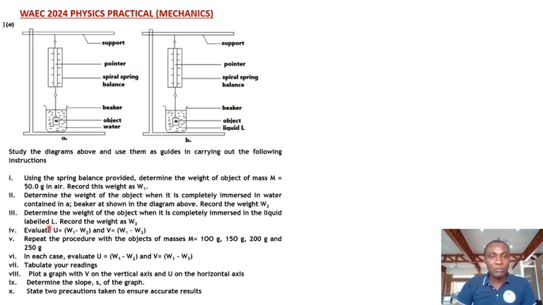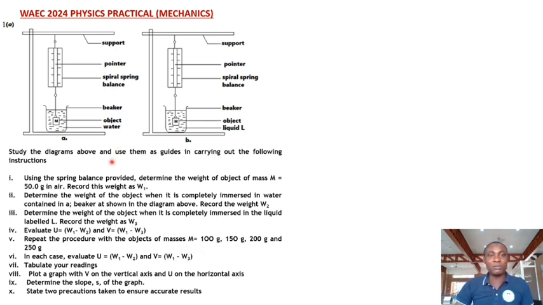Again, we are to evaluate U equals W1 minus W2 and V equals W1 minus W3. Repeat the procedure with the object of mass M equal to 100 grams, 150 grams, 200 grams, and 250 grams. In each case, evaluate U equals W1 minus W2 and V equals W1 minus W3.